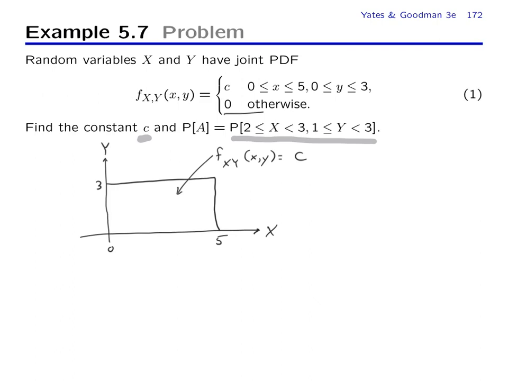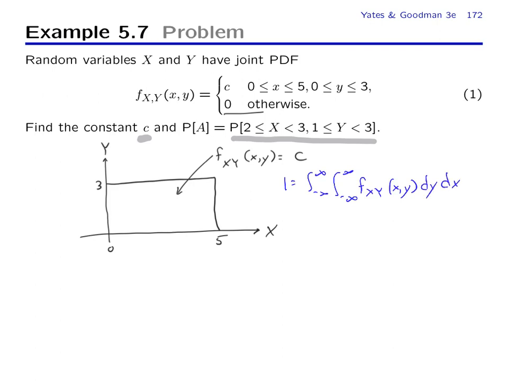It's testing that you know how to do a little calculus and you know a fundamental property of the joint PDF, that over all x and y it integrates to 1. What this requirement says is that 1 is equal to the integral from minus infinity to infinity over x, minus infinity to infinity over y, the joint PDF of x and y, dy dx.